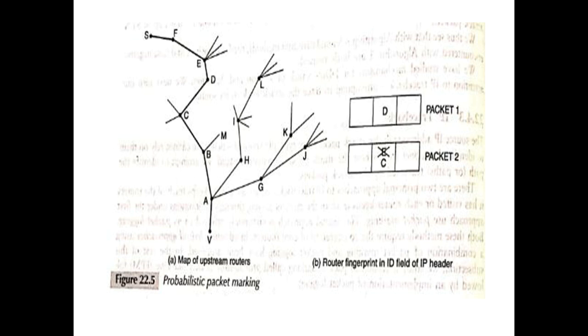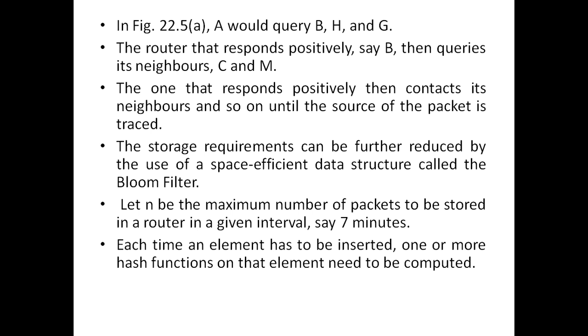But suppose packet 2 was routed to E first, but then was overwritten by C. So by using this information, we can go for detecting the attack. So we can trace back the source of the attack.